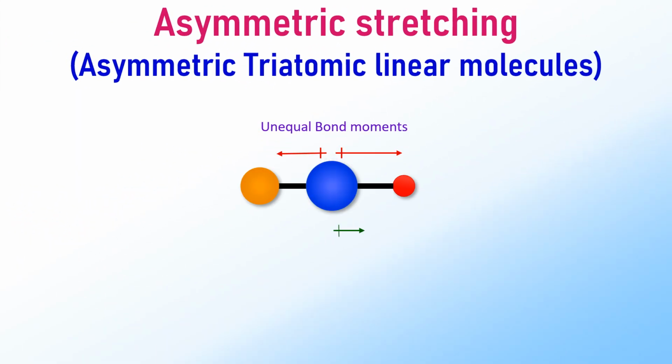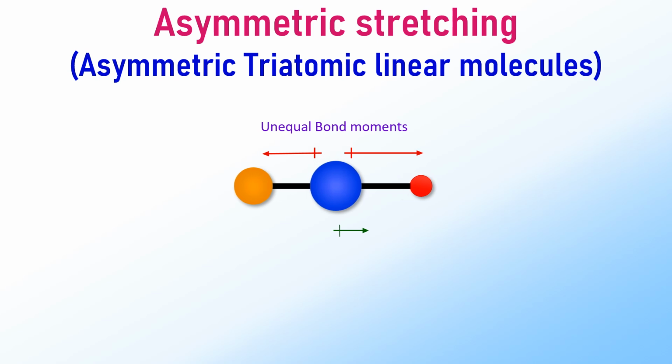Here is a special case of an asymmetric triatomic molecule. In this scenario, the stretching is asymmetric because the atoms connected to the central atom are different. Consider this hypothetical molecule. The bond moments are unequal, resulting in an initial net dipole moment.